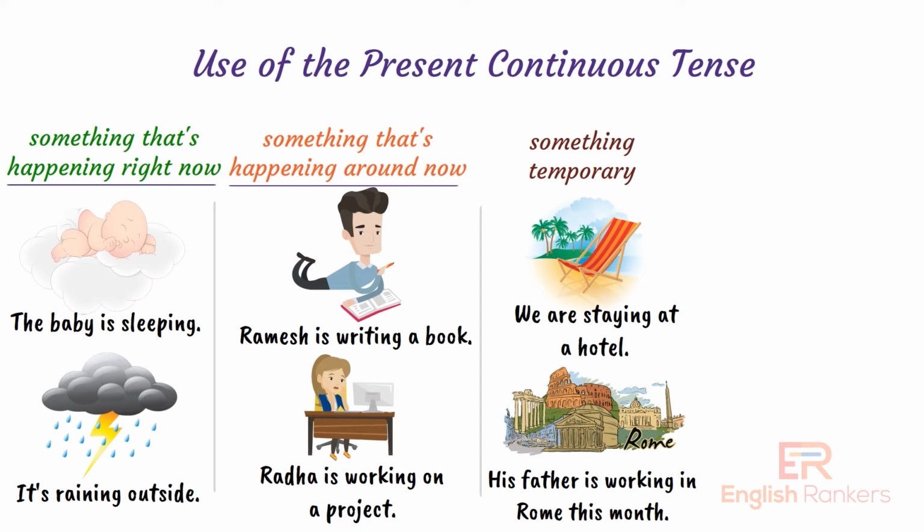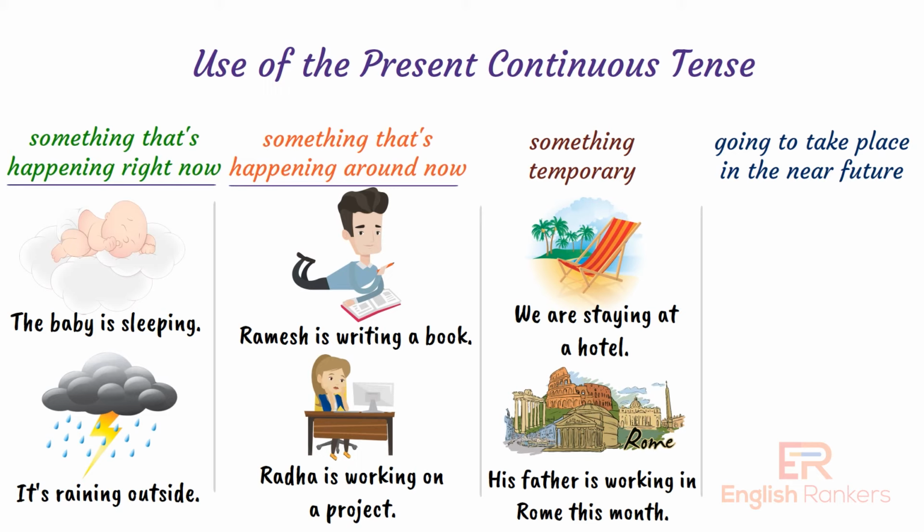The present continuous can also be used to show that an action is going to take place in the near future. We can also use present continuous tense to talk about the future, but only in a particular way.